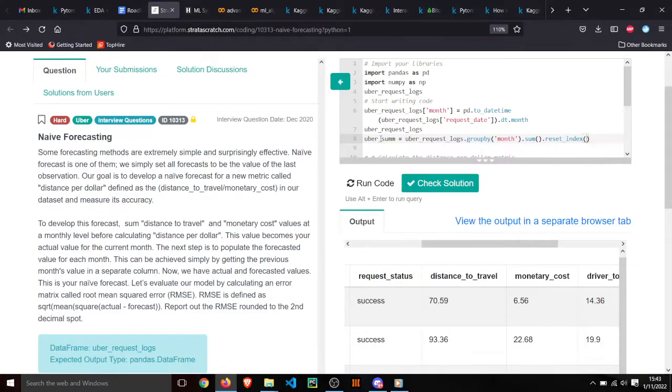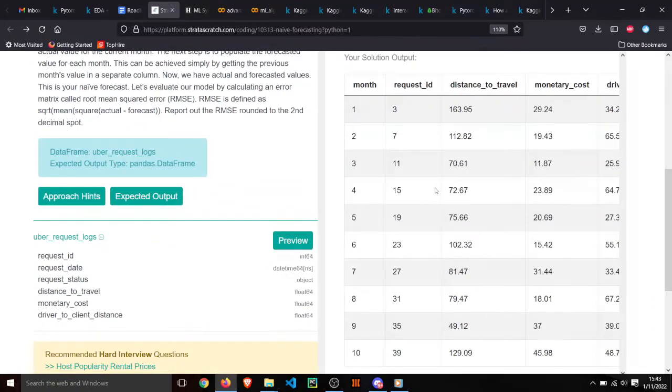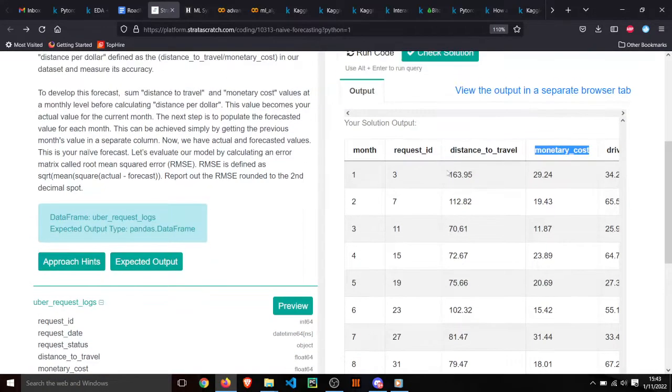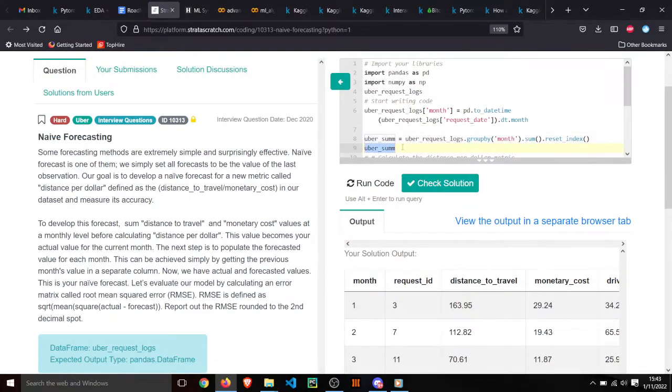If you look at this data now, we're only gonna have 10 rows, because there are 10 months. And this distance to travel and this monetary cost are monthly aggregated. So for this month, January, this was the total distance of travel, and this was the total monetary cost. Okay, now we have this.